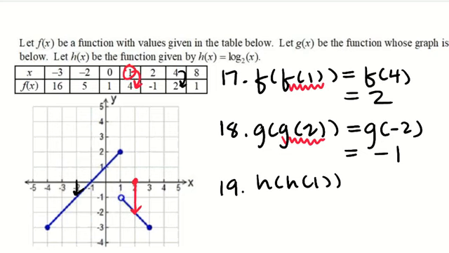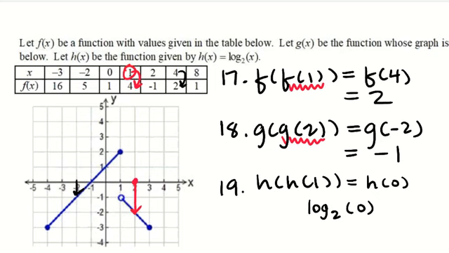And then h of 1. Well, I think earlier I found that h of 1 was 0. I showed you why that was true in, I believe, number 13. Yes. And so what I'm going to say is that this is h of 0. Now, h of 0 is the log with base 2 and argument 0. Again, you could go to the calculator if you felt that was necessary.